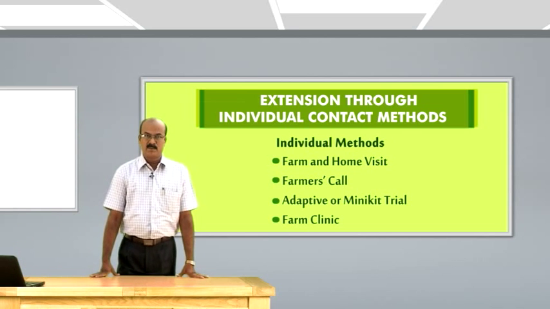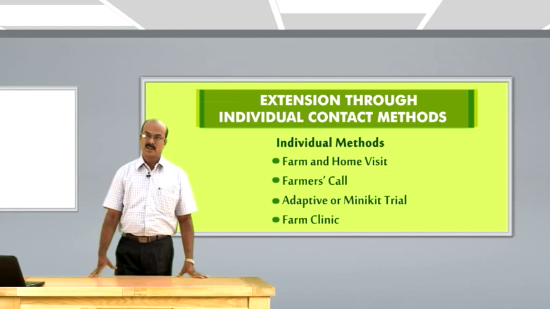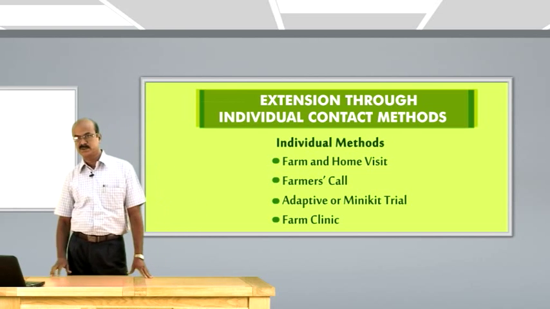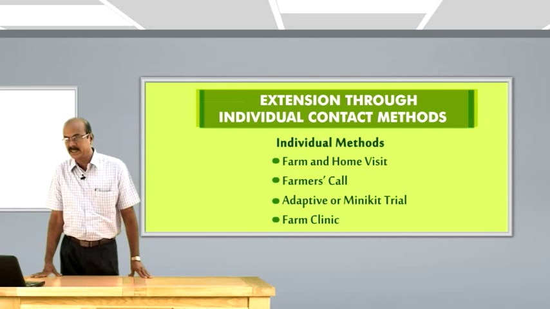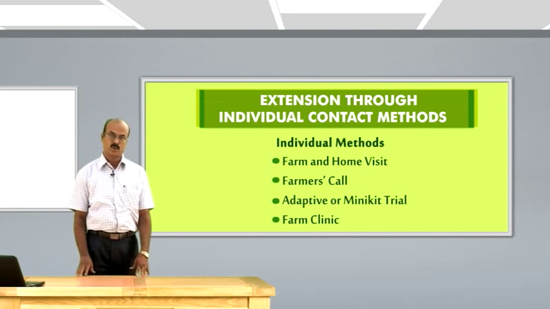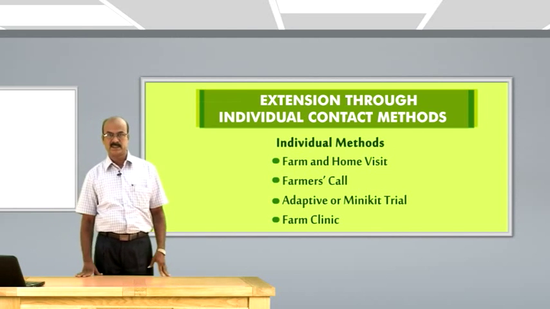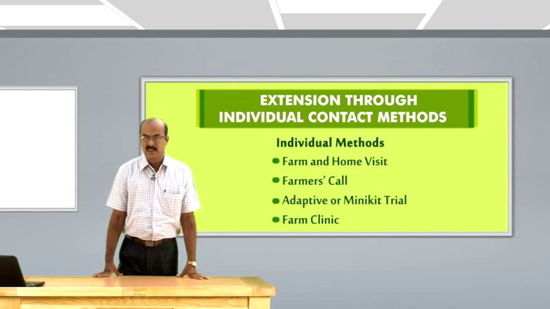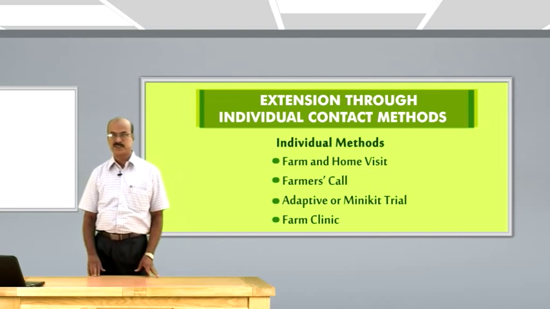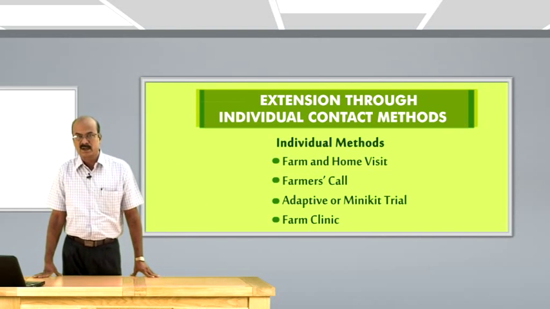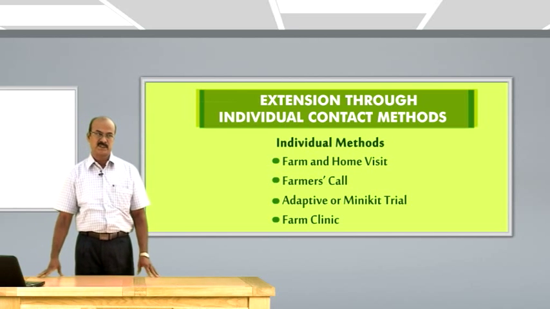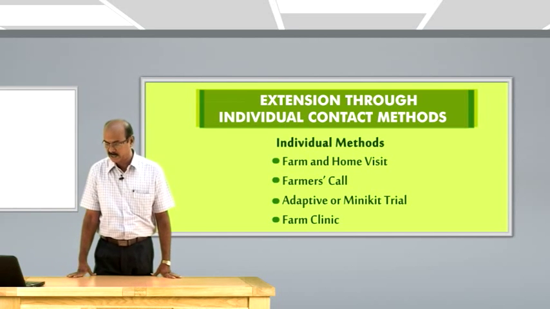The extension worker or the change agent meets the clients at their farms or at their home as a one-to-one contact. It's a face-to-face contact and it is more influential in gaining the confidence of the farmers and gaining conviction, which could be possible at the individual contact level.